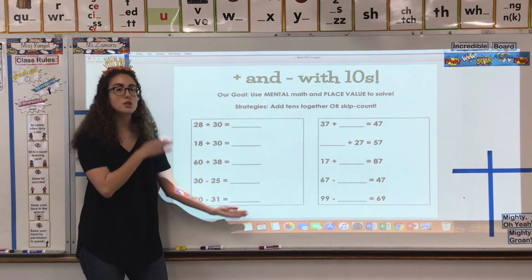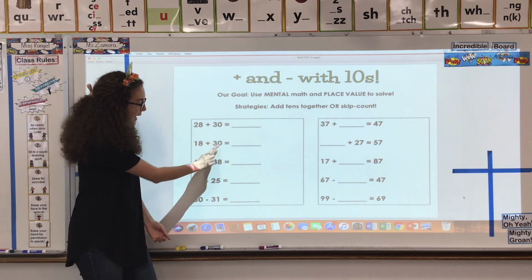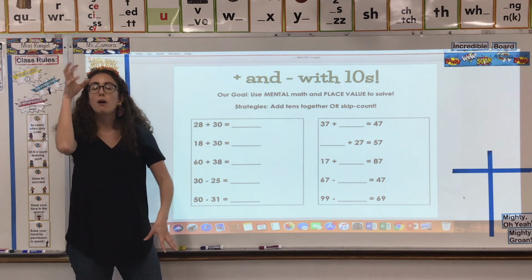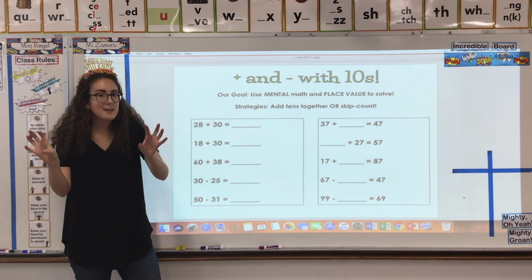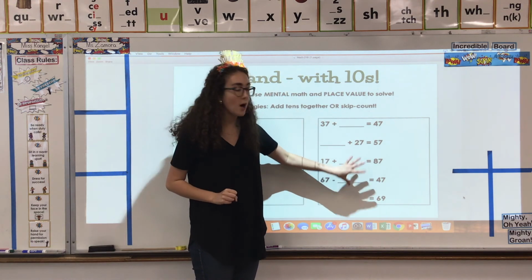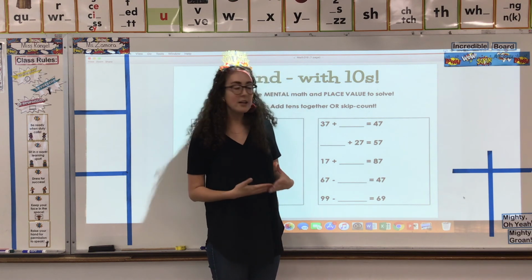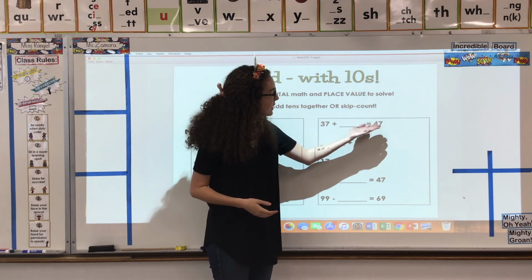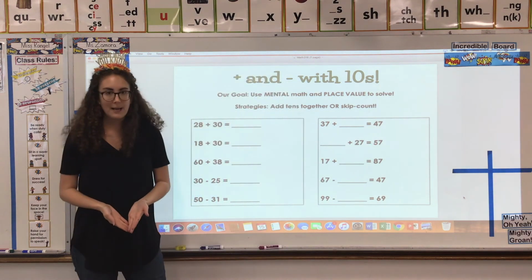We practiced solving this first box by adding and subtracting our tens together, where we broke it down into that unit form, adding and subtracting just the tens. We practiced solving these problems by skip counting, by figuring out how to get from one number to the other and how much we had to count up or down by 10.